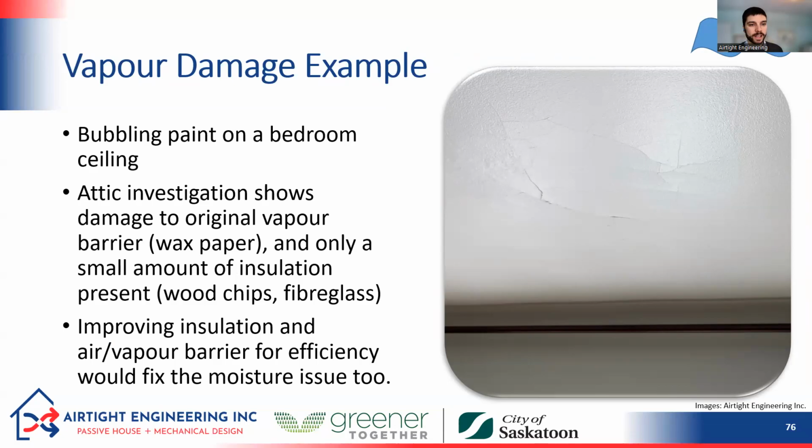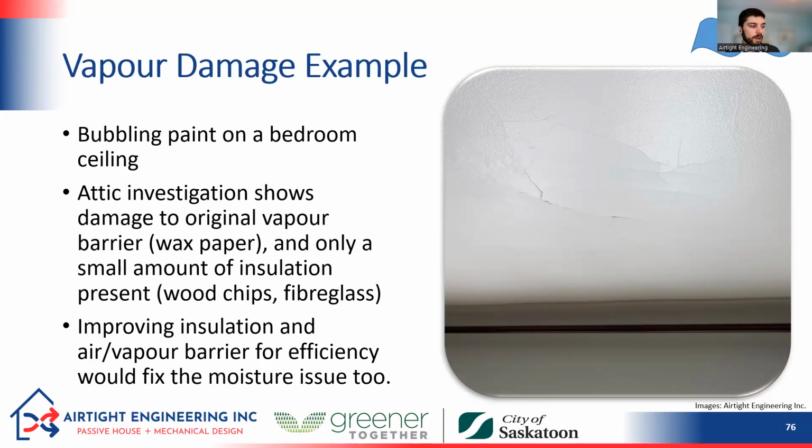Here's just another example of vapor damage. This is the master bedroom in my house. And you can see some bubbling, cracking, peeling paint on the ceiling. I noticed this start to develop over a period of months, and I wasn't sure what was going on, but I used some building science superpowers and a little bit of elbow grease to crawl around in my attic and do a bit of an investigation.